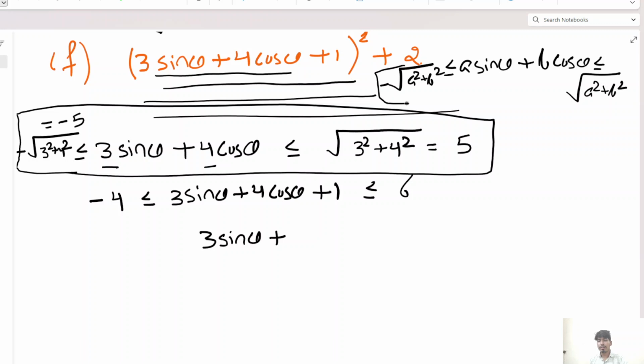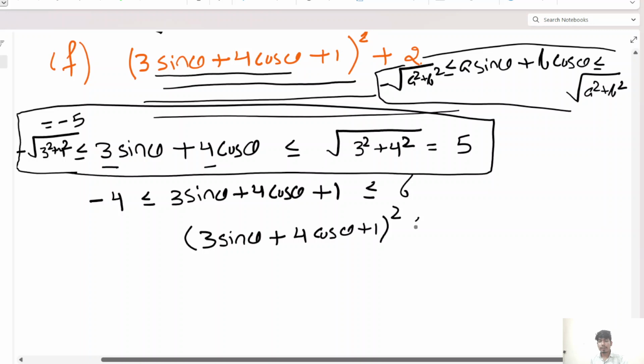This identity is used in all the parts. Then 3 sin theta plus 4 cos theta plus 1, whole square, is less than or equal to 36 and greater than or equal to 0, because the square function is always greater than or equal to 0.